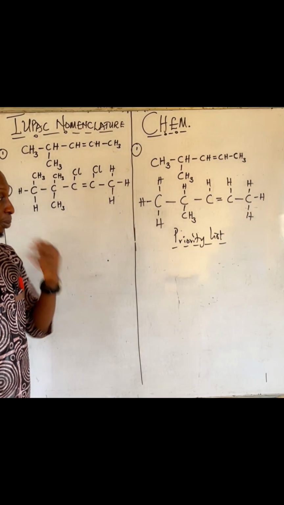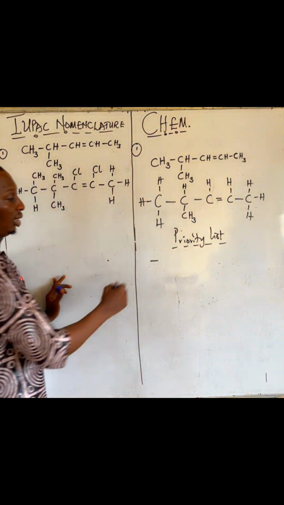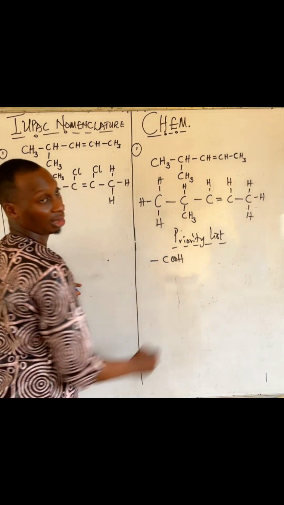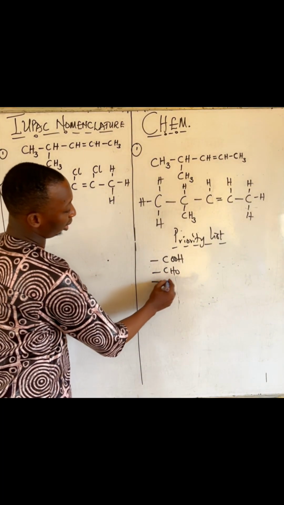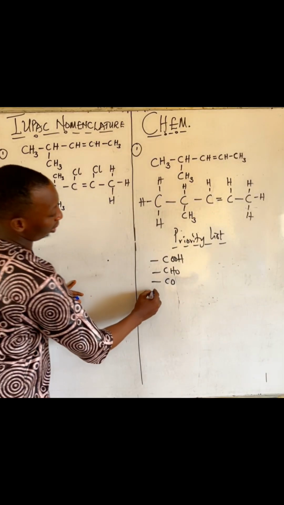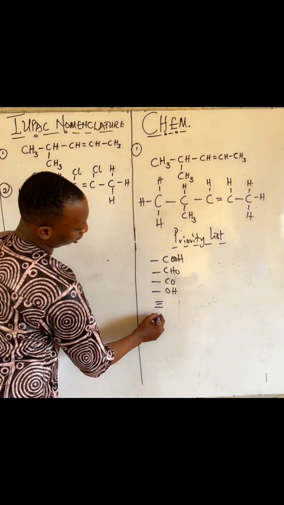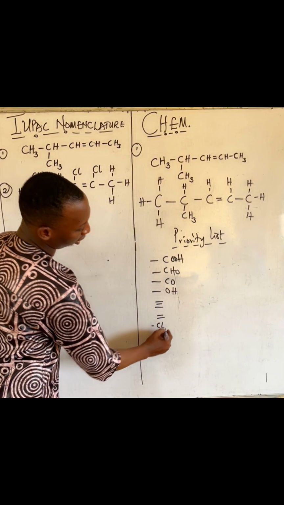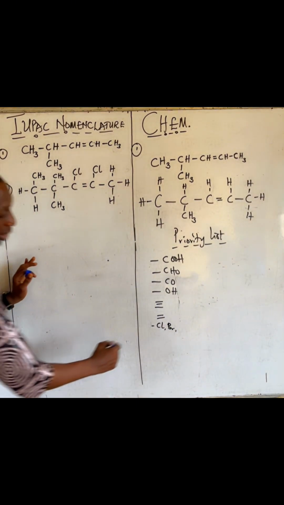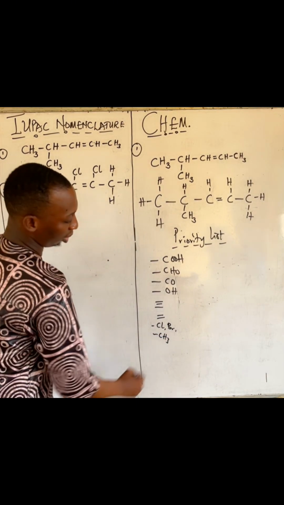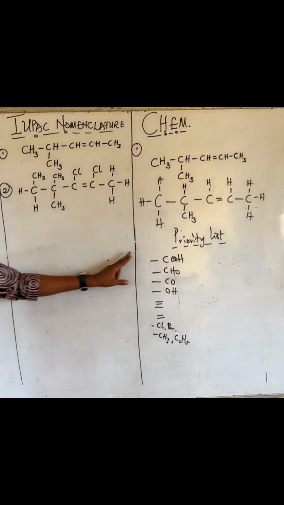So in that priority list, the first thing you have to consider is the carboxylic acids, followed by the alkanals or the aldehydes, followed by the CO, the alkanones, followed by the ol, followed by the triple bond, the double, then the halogens, whether chlorine, bromine, iodine, fluorine, and so on. Then the alkyls, methyl, ethyl, propyl, and so on. So this is the priority list.